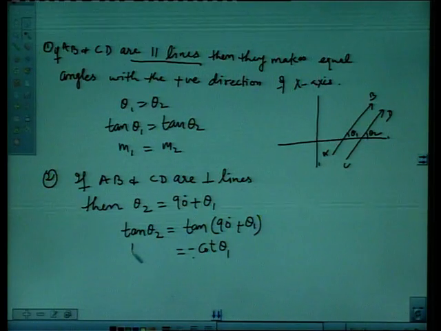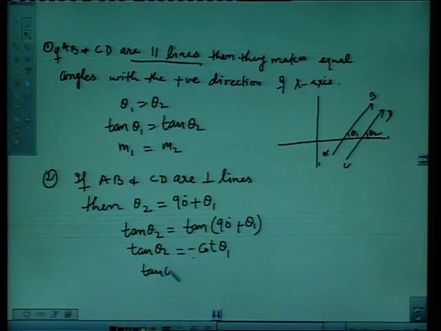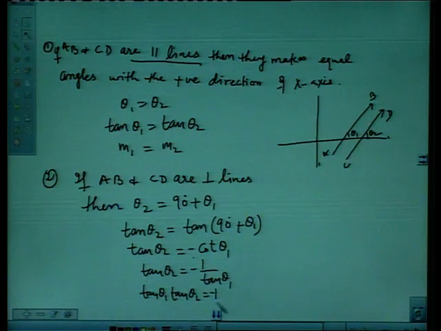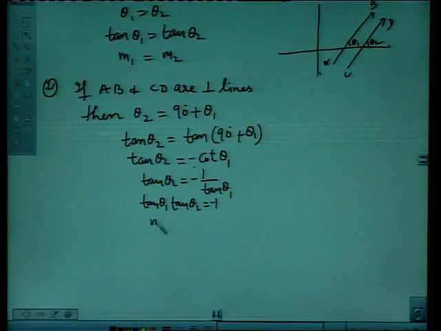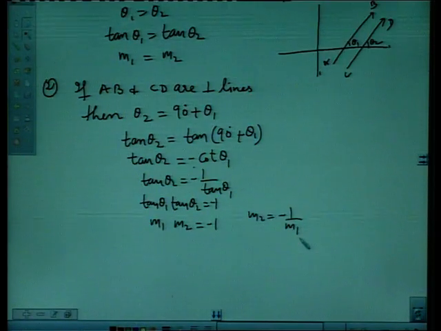Then we can say that tan theta 2 is equal to minus 1 upon tan theta 1, and tan theta 1 tan theta 2 is equal to minus 1. Tan theta 1 is m1, tan theta 2 is m2, so the product of these two is equal to minus 1, or we can say that m2 is equal to minus 1 upon m1.